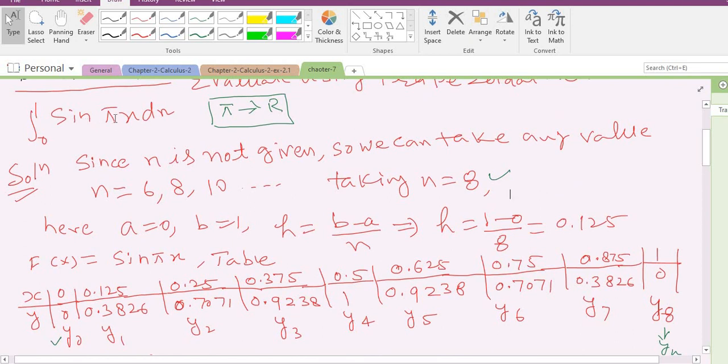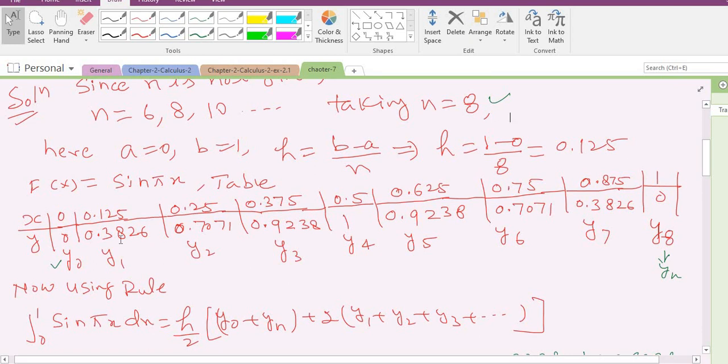Sine pi times 0, that means sine 0, which is 0. Now the next value is 0 plus h. H means 0.125, so 0 plus 0.125.